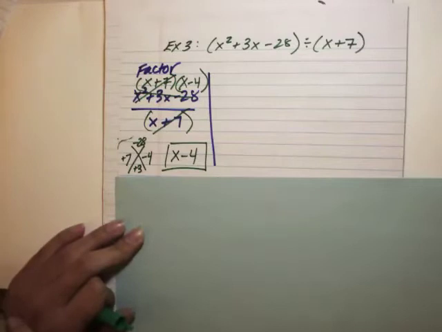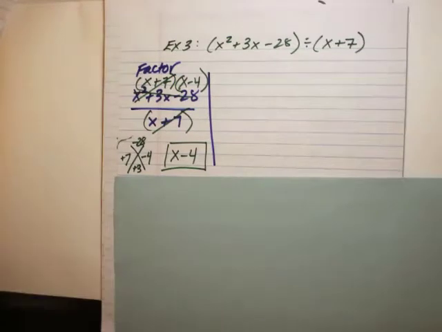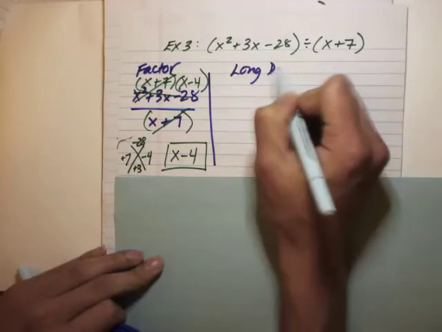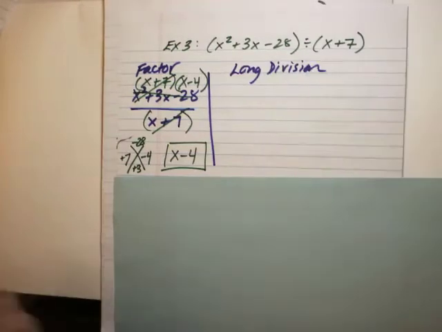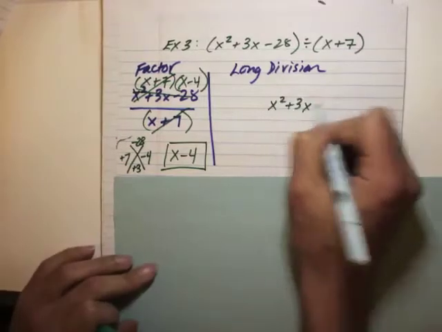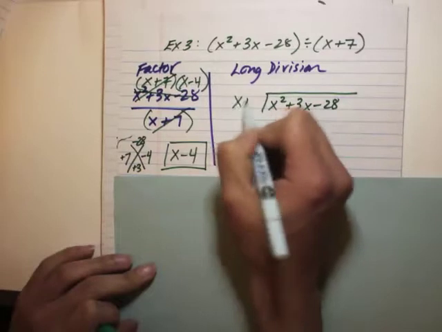Now we said that we're going to learn how to do this using long division. So using long division, you set this up as a regular long division problem. Put your dividend inside the house. Outside you have your divisor.